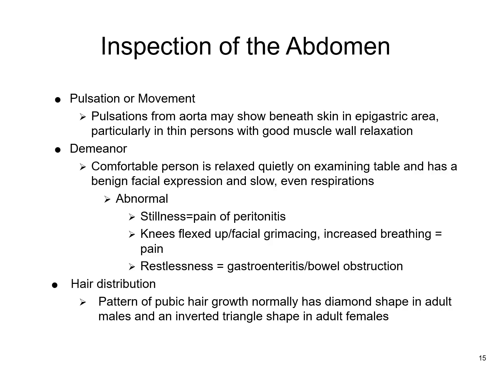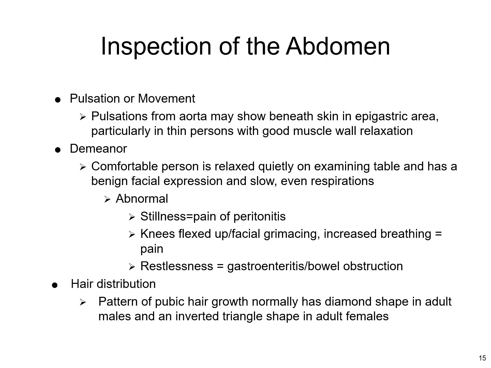Are their knees flexed up? Again, are they grimacing? Facial expressions, increased breathing. All of these are signs of pain. And then restlessness. Restlessness can be caused by gastroenteritis or a bowel obstruction.